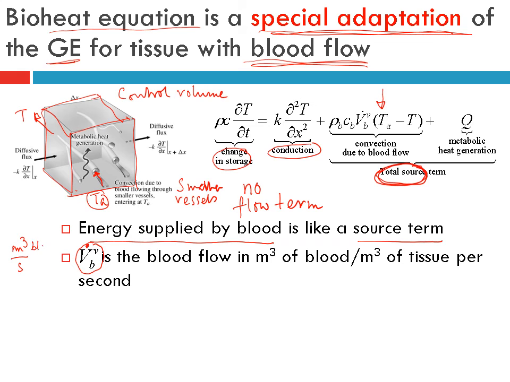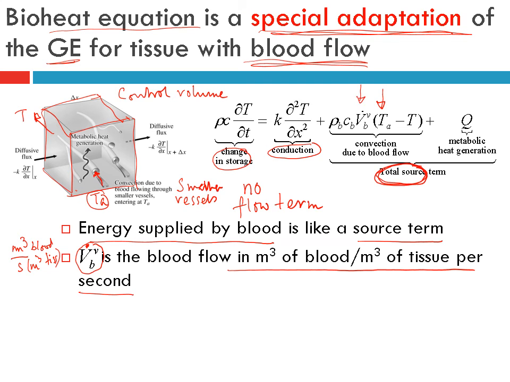And the volumetric blood flow rate is not just meter cube of blood per second, but meter cube of blood per meter cube of tissue per second.